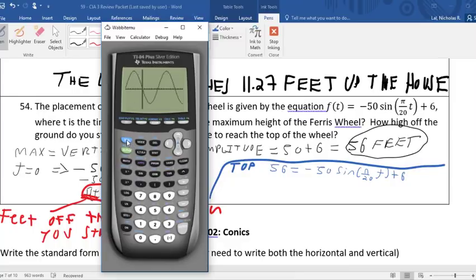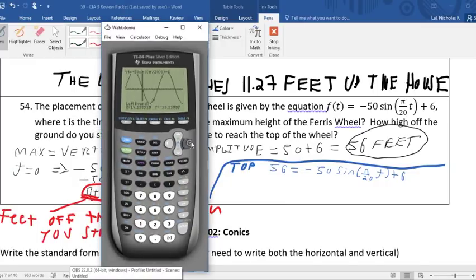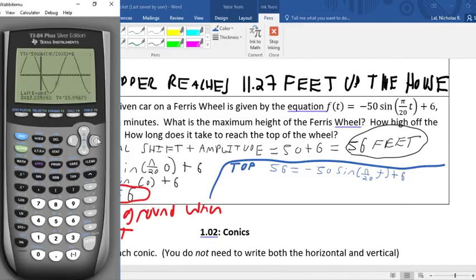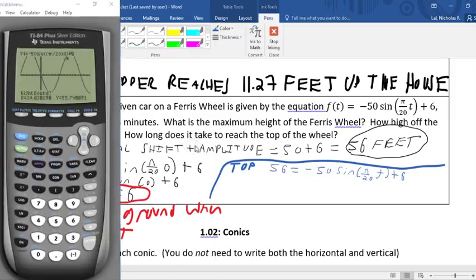but we can calc our maximum using this method, find a left-bound point, and we'll find it's 30. A right-bound point, and a point in the center. So that maximum is going to be x is 30, y is 56.